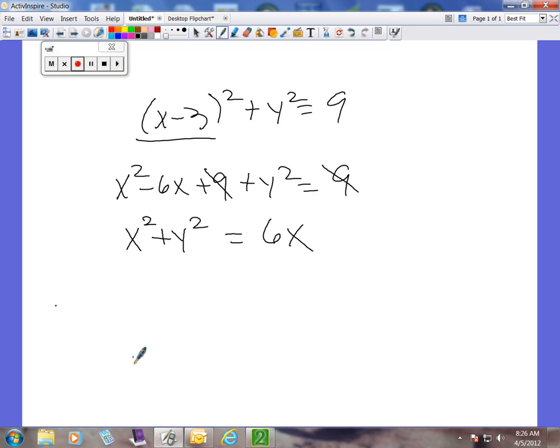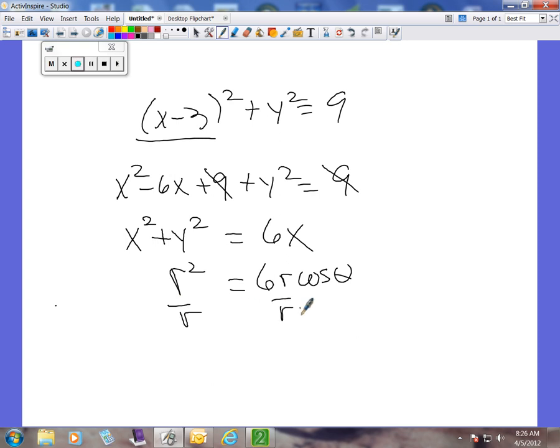Can anybody see what we can substitute? Yeah, what did we say this equals? x squared plus y squared equals. All right. Do you see why I put them together? Now I can put r squared in here, and what can I put in place of the x? r cosine theta. Now we wouldn't stop there. Divide both sides by r, so we can have r equals.